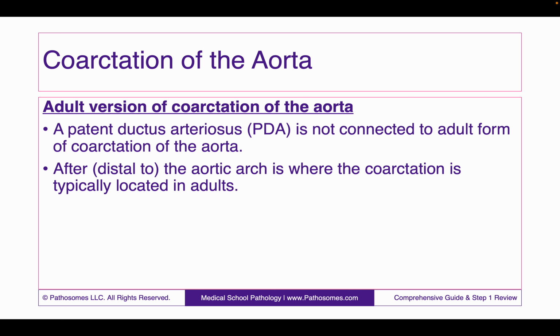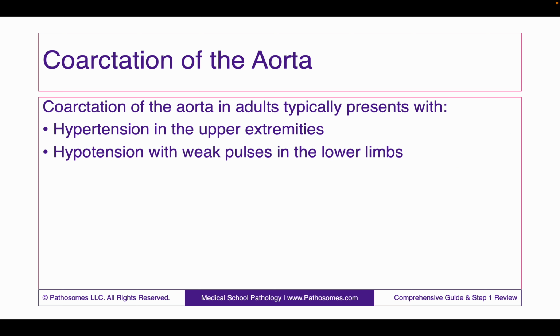In the adult version of coarctation of the aorta, a patent ductus arteriosus is not connected. After or distal to the aortic arch is where the coarctation is typically located in adults. Coarctation of the aorta in adults typically presents with hypertension in the upper extremities and hypotension with weak pulses in the lower limbs.